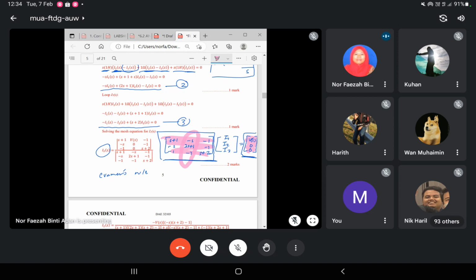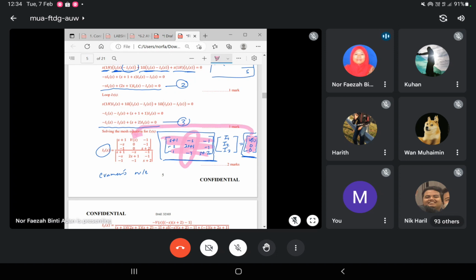So kolom number 2 ni you must substitute with the output matrix. Tengok contoh ni. Kolom 1 dengan kolom 3 maintain. Kolom 2 yang kita nak cari I2 ni kita gantikan dengan the output matrix Vs, 0, 0. And then over with the original matrix.